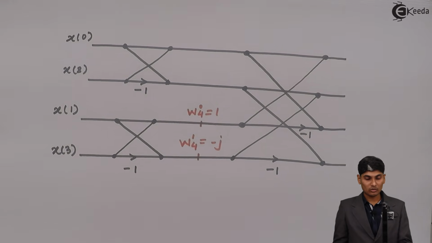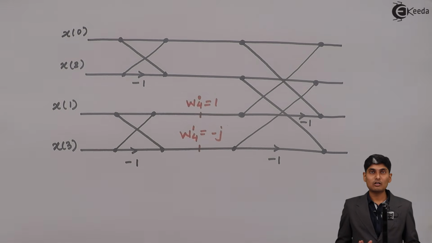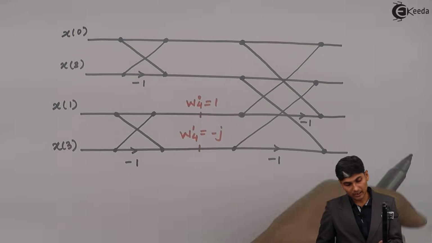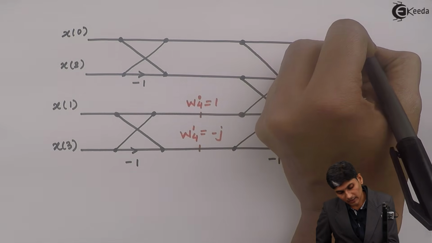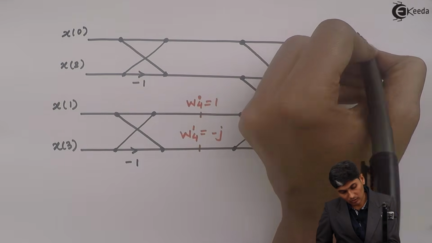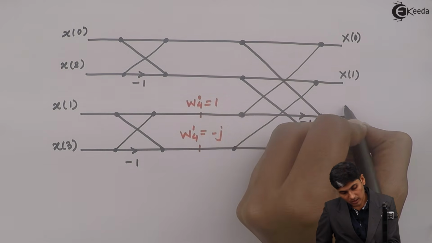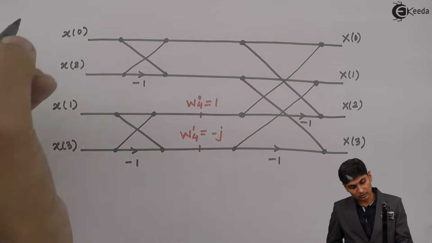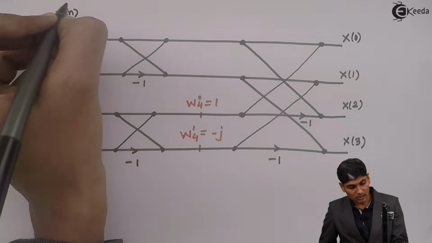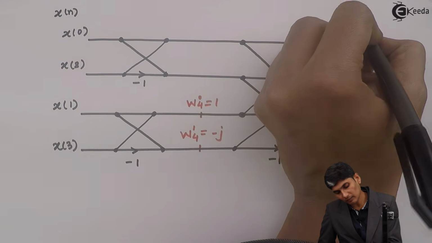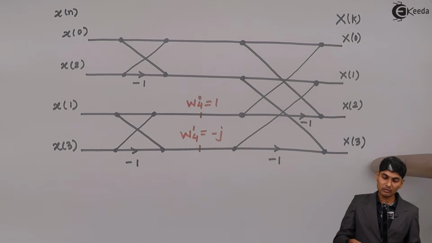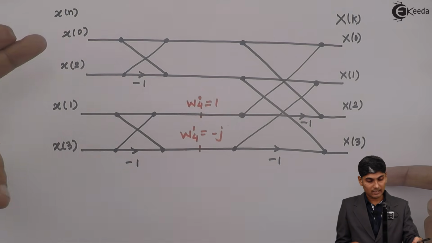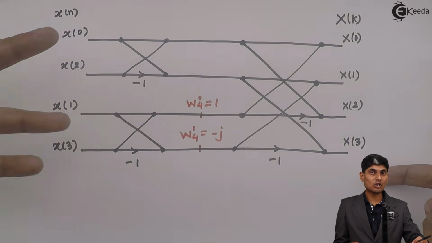Okay, so this is the graph of a 4-point DFT. Here I will get x of 0, x of 1, x of 2 and x of 3. So this is my x of n and this is my x of k. So x of k, if you observe, is in order, whereas x of n is not in order.